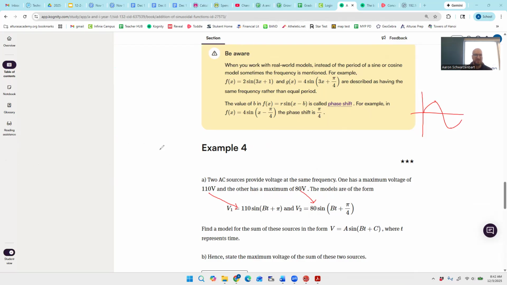So we have two different waves. We have two different voltages combining together, two different sine waves. They're not necessarily the same intercepts because they have a different shift, but they will share the same frequency of their peaks.